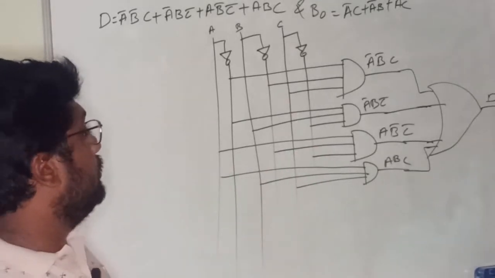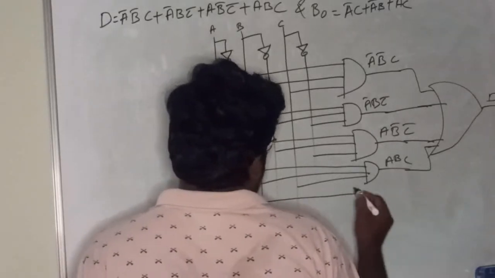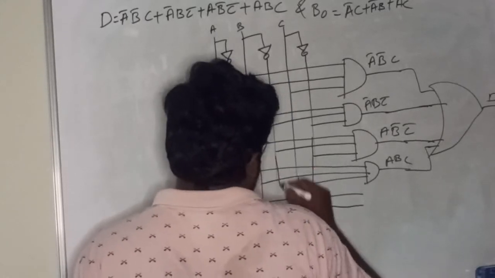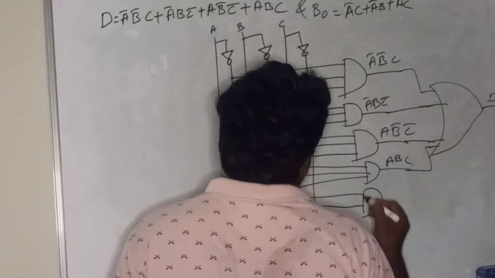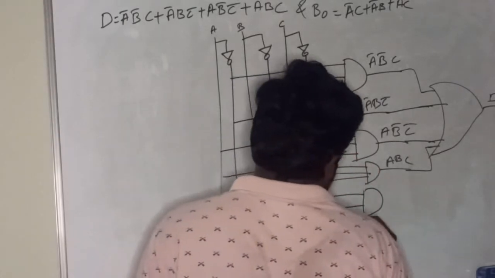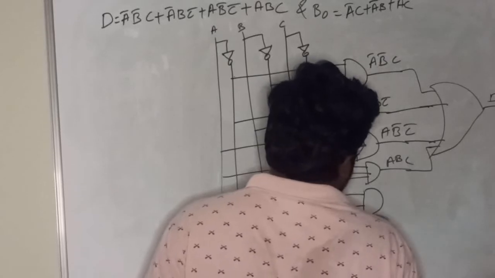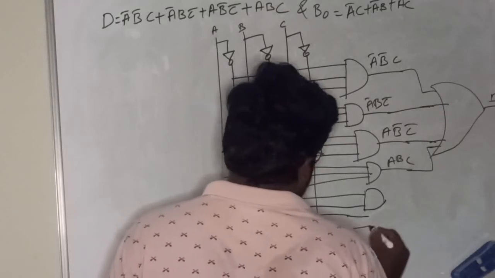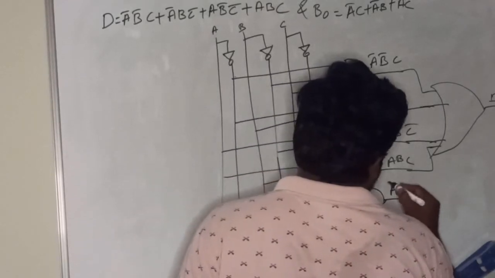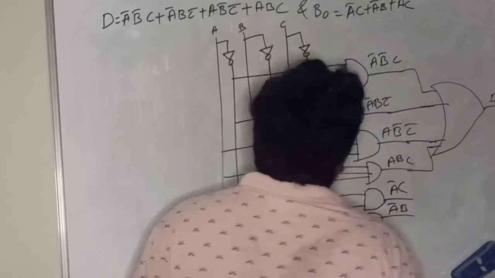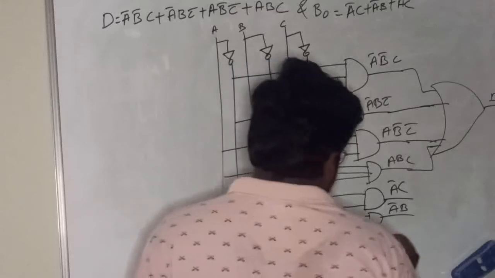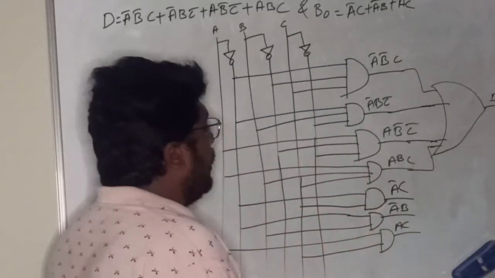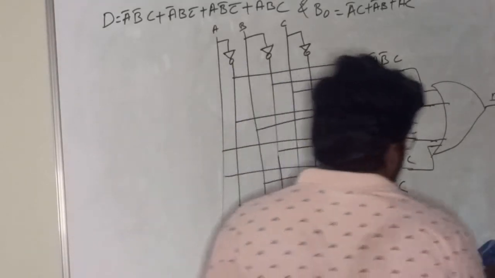So for B naught, that is A complement C, A complement B, and the final product is A C. So all these three terms are combined with an OR gate.